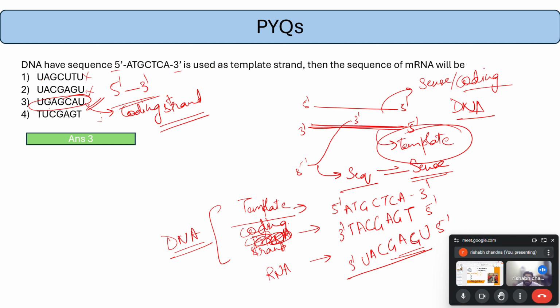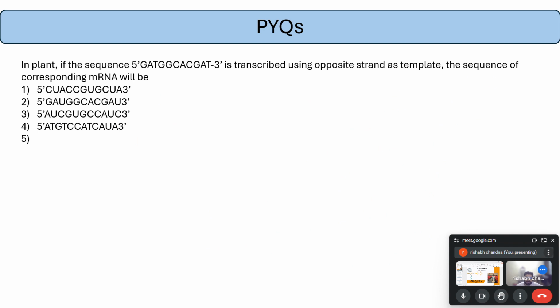Now moving on to the next question. In a plant, if the sequence 5 prime GATGGCACGAT 3 prime is transcribed using the opposite strand as template, the sequence of the corresponding mRNA will be what?